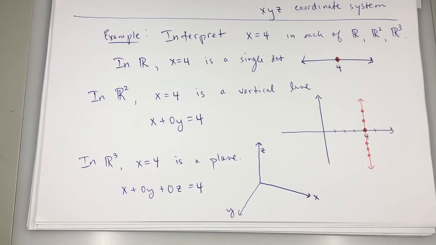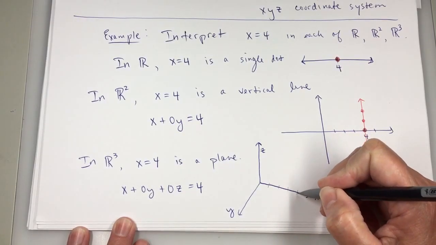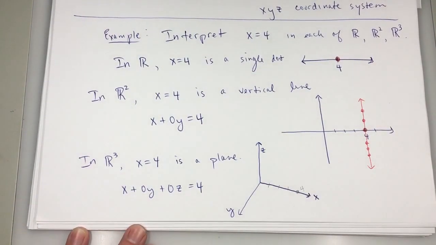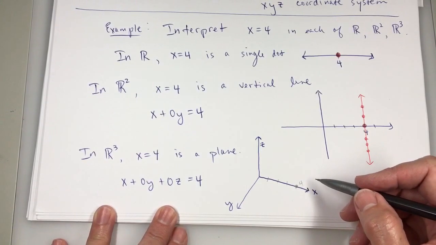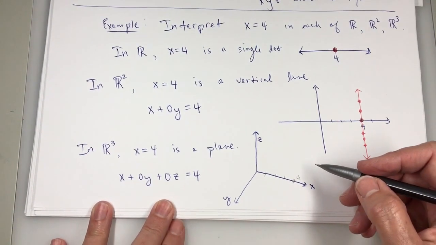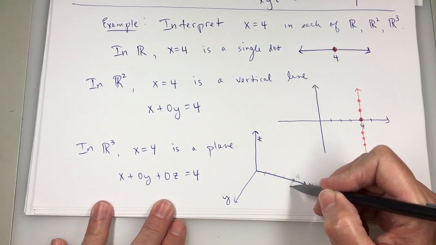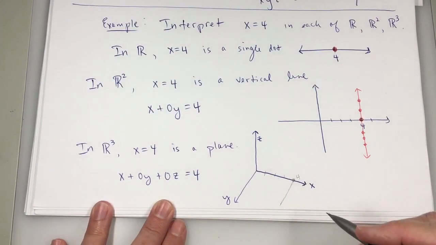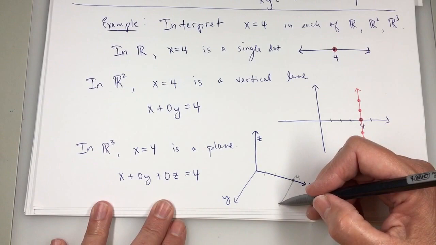So if I'm going to graph this plane, I'm going to go to 4 on the x-axis. It's not just a single point. From 4, I'm not going to sketch the whole thing because then I wouldn't be able to really discern what it is, but I'm going to draw the line that is parallel to y. If I want to go a little that side, you can, but I'd probably stop there.